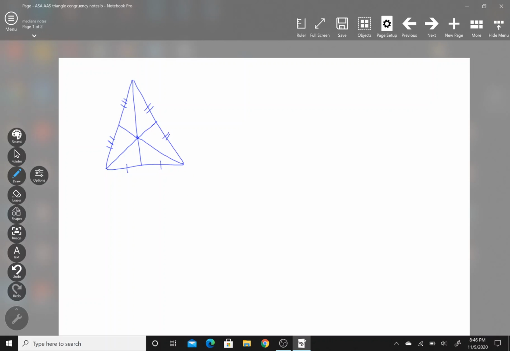Okay, and so now this point right here where those three medians have met, that is called your centroid. The centroid, that is the point of concurrency, aka the meeting point.